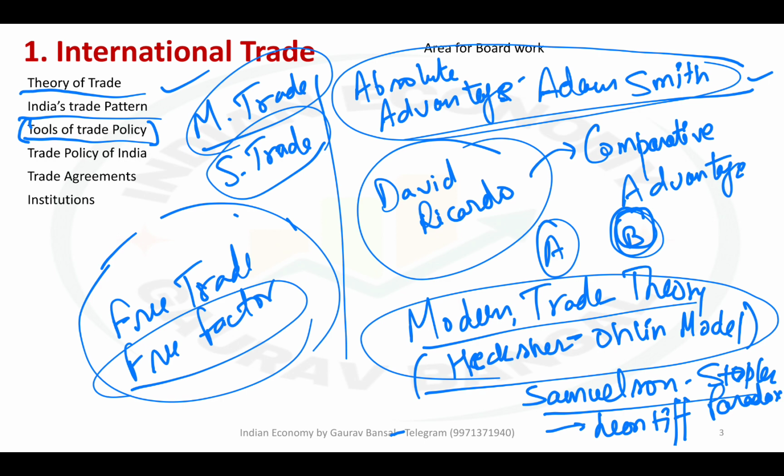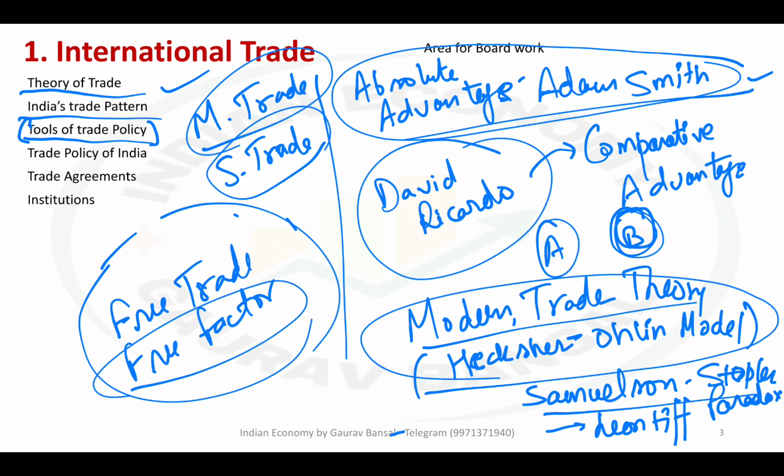So we try to diversify our product basket, trade basket, partner basket, everything. So we are trying to increase the variety of products that we export, so that even if one type of product has a lesser demand, still we are not affected very badly. So that is also true. So as an Indian, we must understand that our trade policy is aimed at three major objectives.